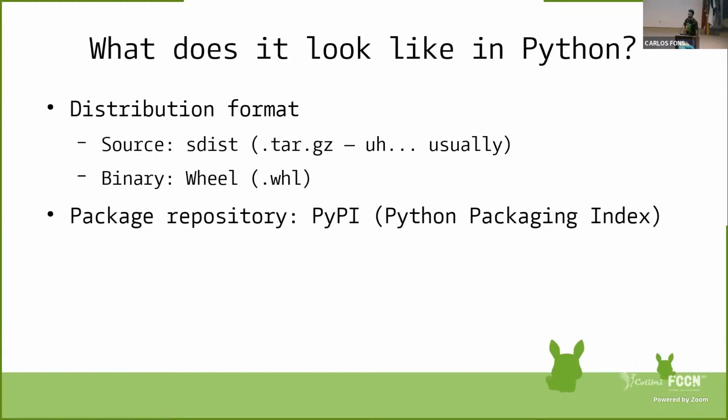So what does this look like in Python? Well, we essentially have two distribution formats. The main one is the binary one, which is called the wheel. And then we also have the source distribution format, which we call sdist. And usually it is a tar.gz file. It doesn't have to be a tar.gz.